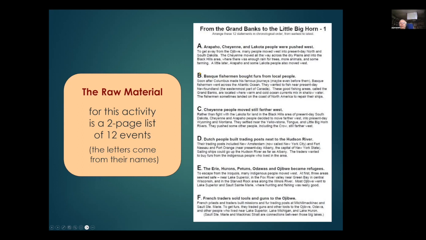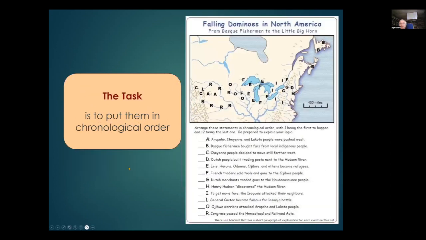The letters that are here are deliberately chosen to kind of link to it. B for Basque, and C for Cheyenne, and D for Dutch, and E for the Erie people, and so on. Doing it this way does a great job of randomizing them chronologically, because the task for the students is to put them in chronological order.